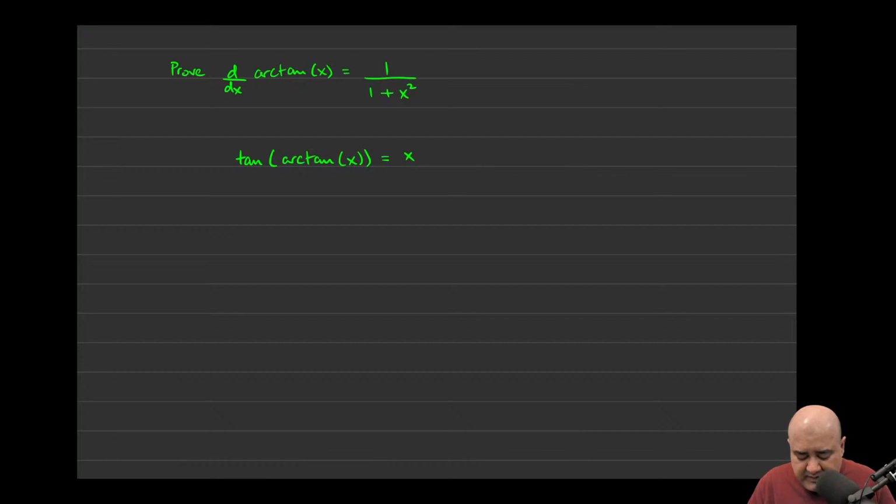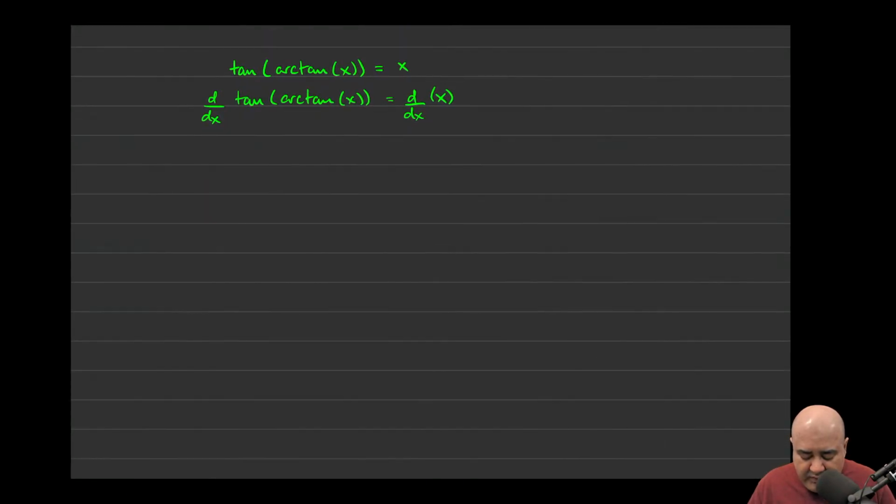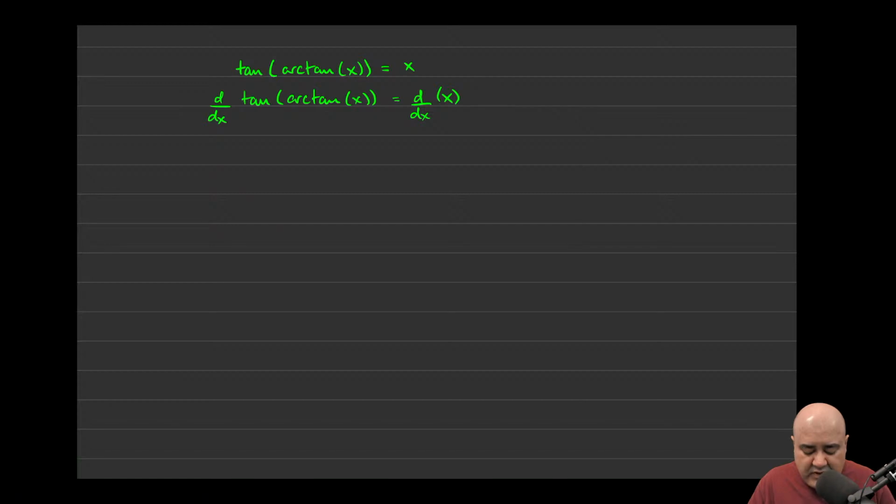So now we take the derivative of both sides with respect to x. And when we do, the derivative of tangent of arctangent of x is going to require us to use the chain rule because we have a composition.